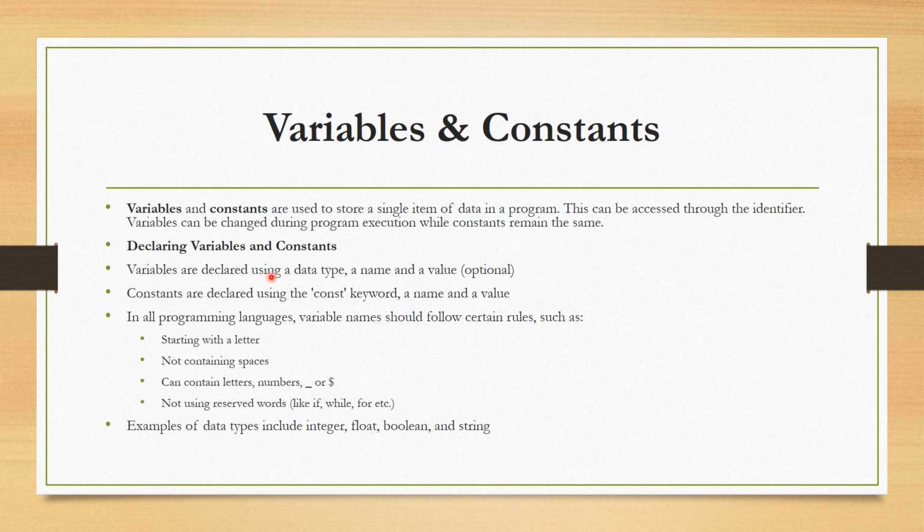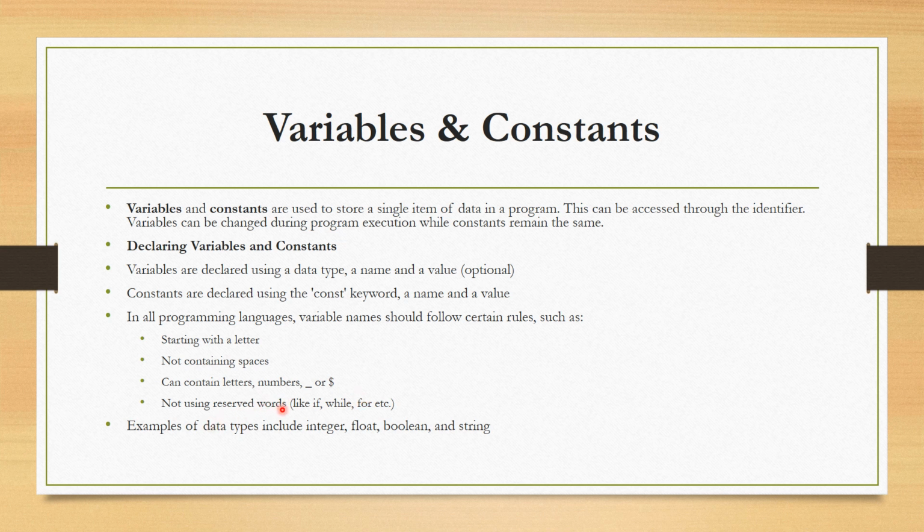Variables are declared using a data type, a name and a value. Value will be optional. And constants are declared using the const keyword, a name and a value. In constant, the value is not optional, but in variable, value is optional. In all programming languages, variable names should follow certain rules, such as starting with a letter, not containing spaces, can contain letters, numbers, apostrophe, slash or a dollar sign, and not using reserved words.